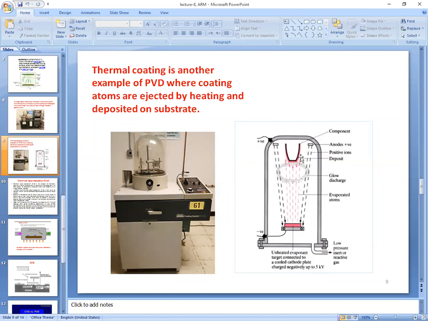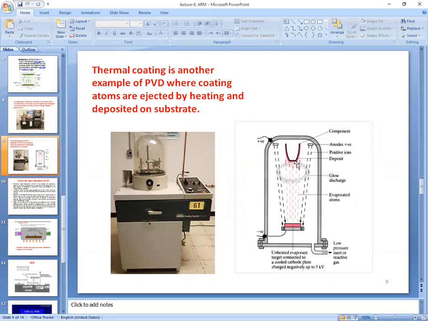So here you can see that this is the substrate, and these are the evaporated atoms which are deposited on this substrate. So here the atoms from the target material are ejected by the heat treatment.